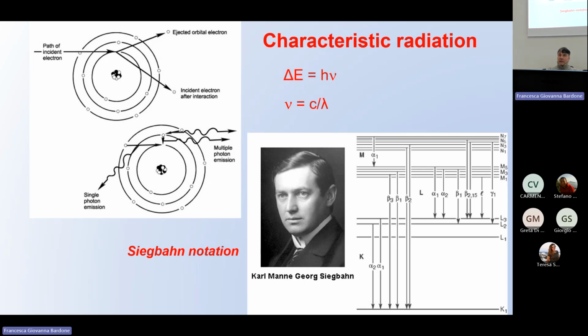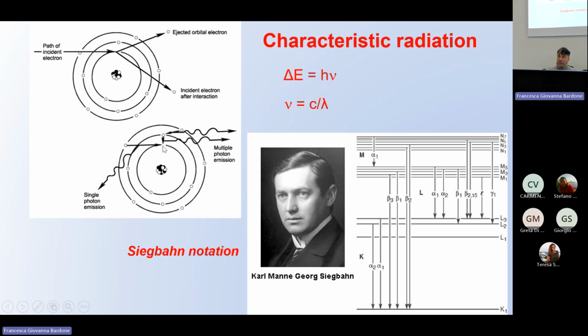Can the atom remain in the ionized state? No. What is the probability to come to the ground state again? Look at the image. An electron of an orbital close to the first orbital jumps in to replace this empty position.